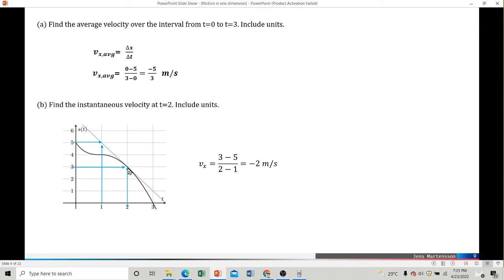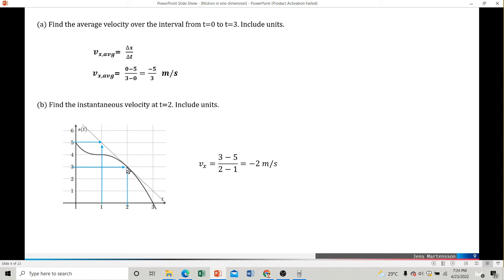So this one, at this point. At every point on our curve, the slope of the tangent line is different. At this point, the slope of the line is different, at this point, different, and at this point, different. So we can say that the instantaneous velocities are different at varying times.